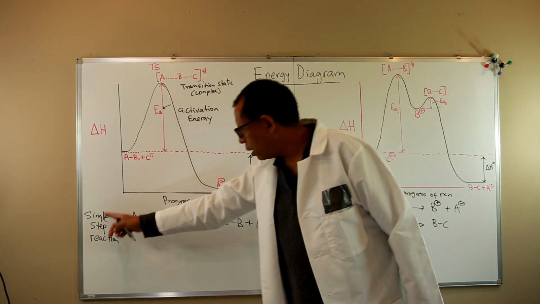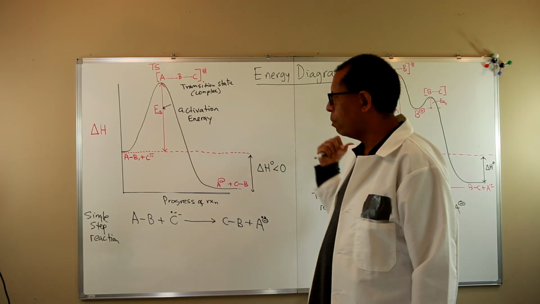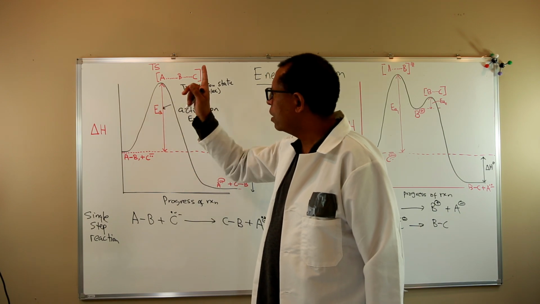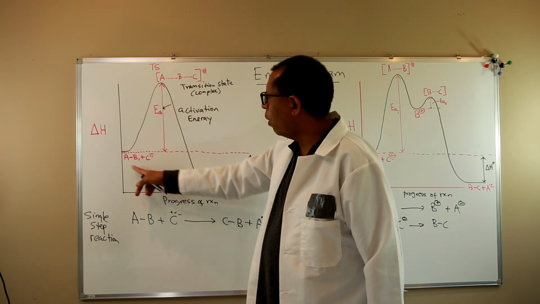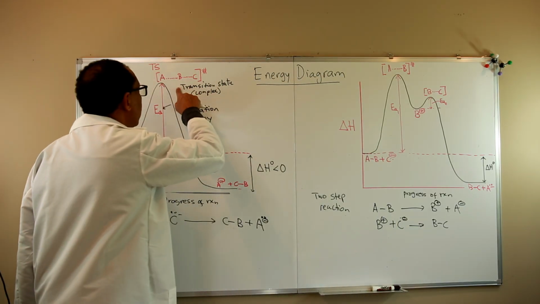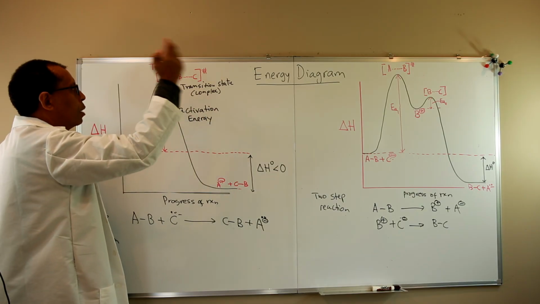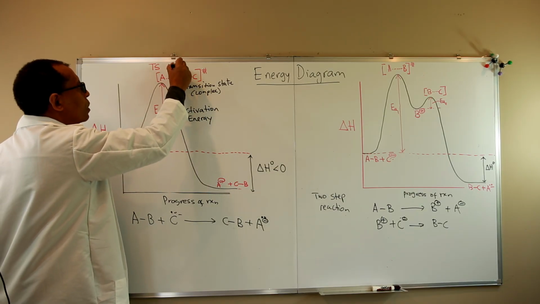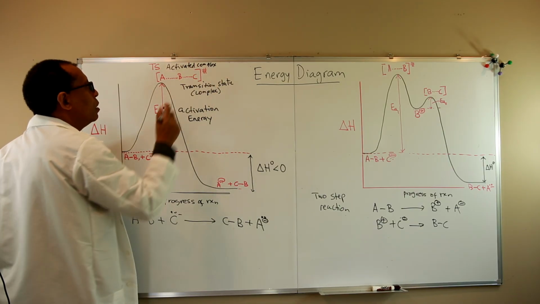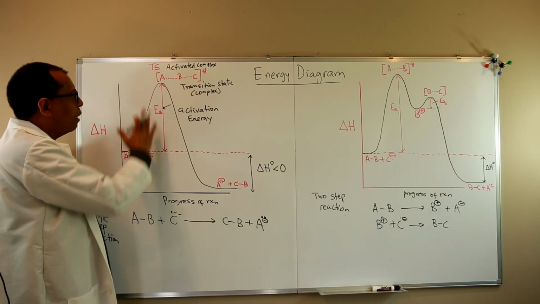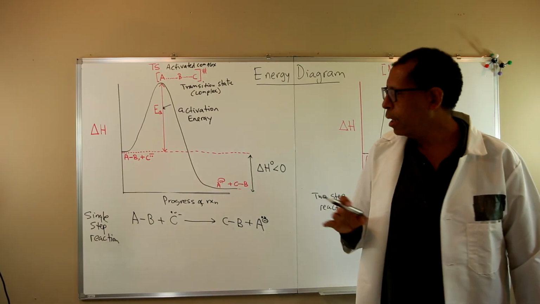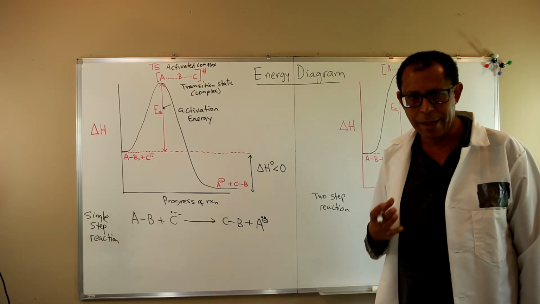So for any reaction, whether it's a single step or multi-step, I will discuss that, you need to have activation energy that is sufficient to bring all of the starting material to an activated complex. So these are called transition state complex, sometimes we call them activated complex. Climbing up the hill to reach the activated complex is actually what determines the rate of a reaction.